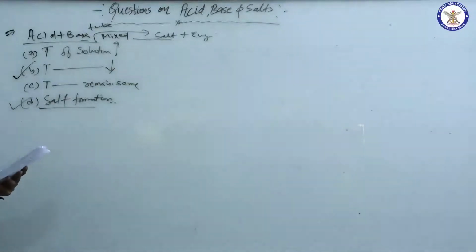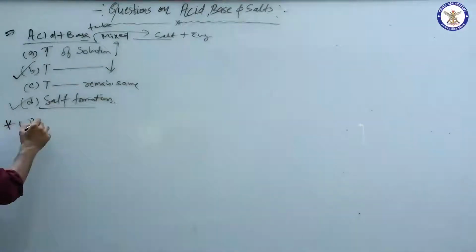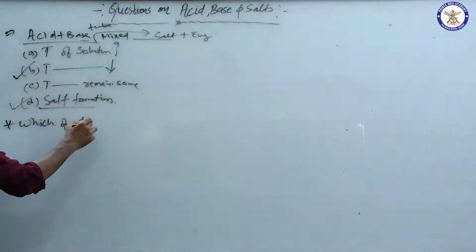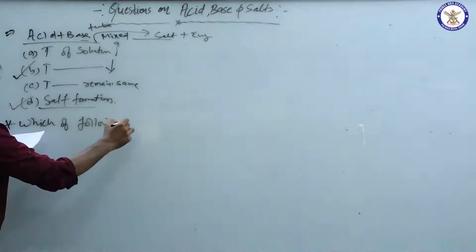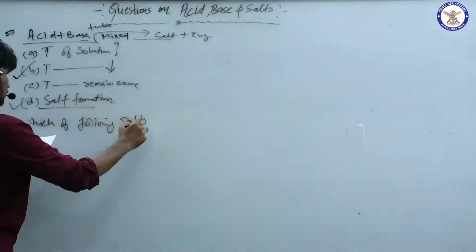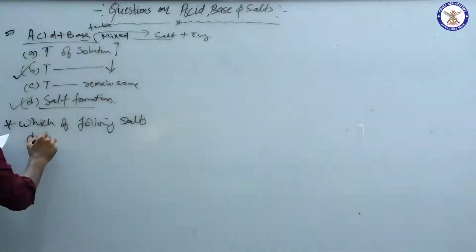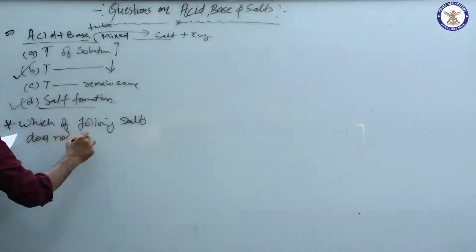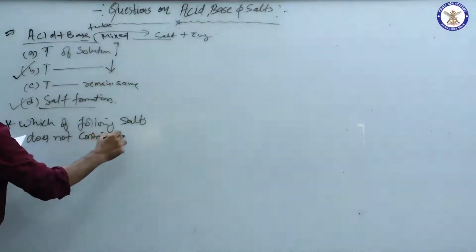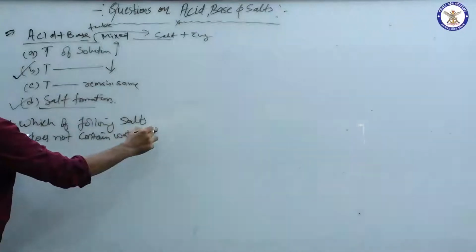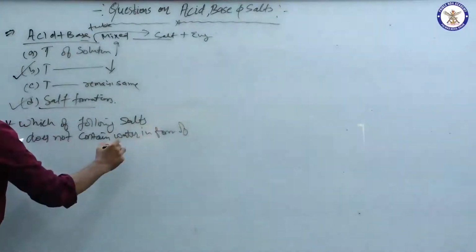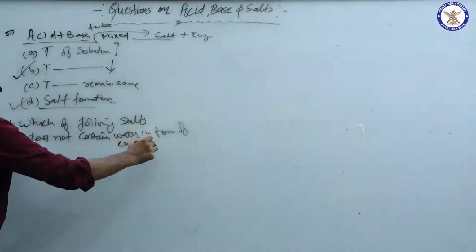Fine. Next one. Which one of the following salts does not contain water of crystallization? Which of the following salts does not contain water in the form of crystal?